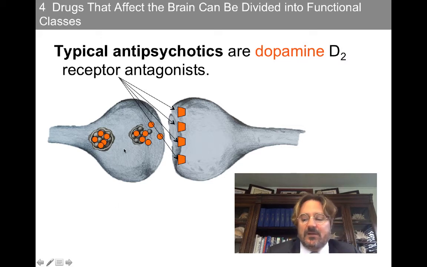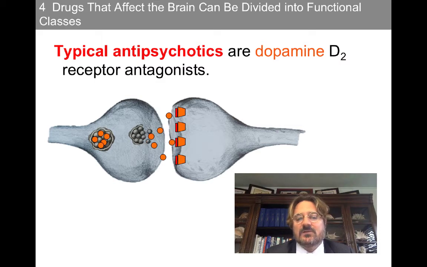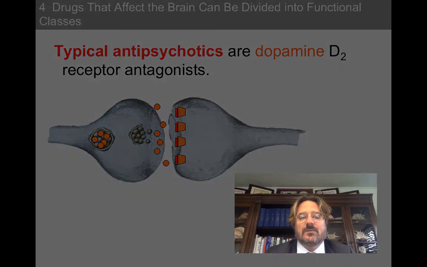Whenever the dopamine is released, it should activate dopamine receptors. In this case, these are dopamine 2 receptors. But as you can see, they're not able to because typical antipsychotics antagonize dopamine 2 receptors. So as a result, there's not any dopaminergic activity at these dopamine 2 receptors.